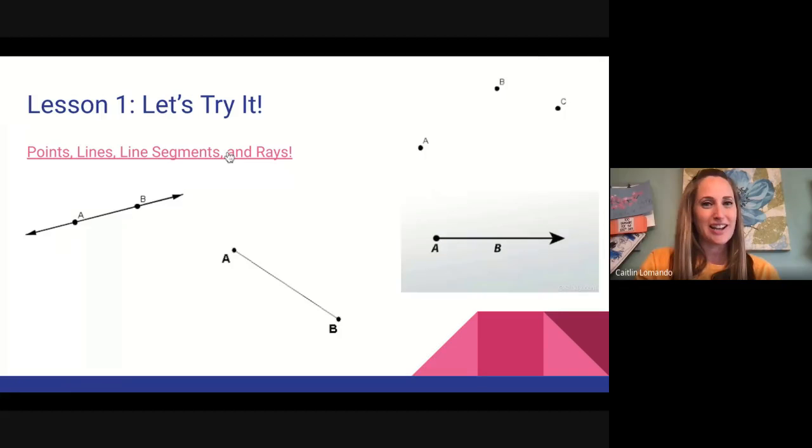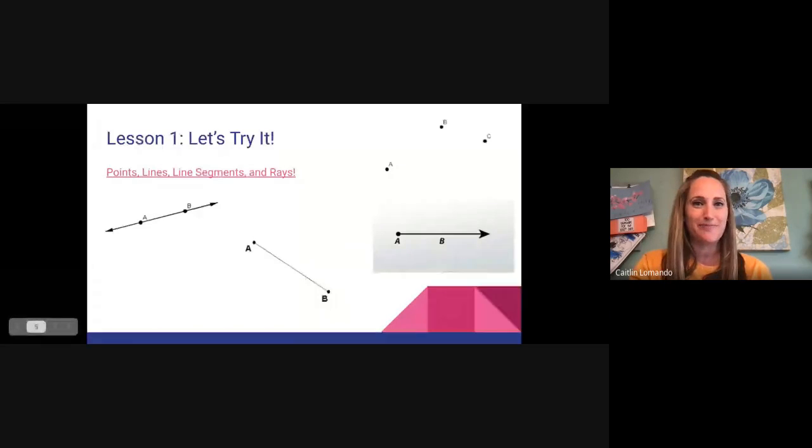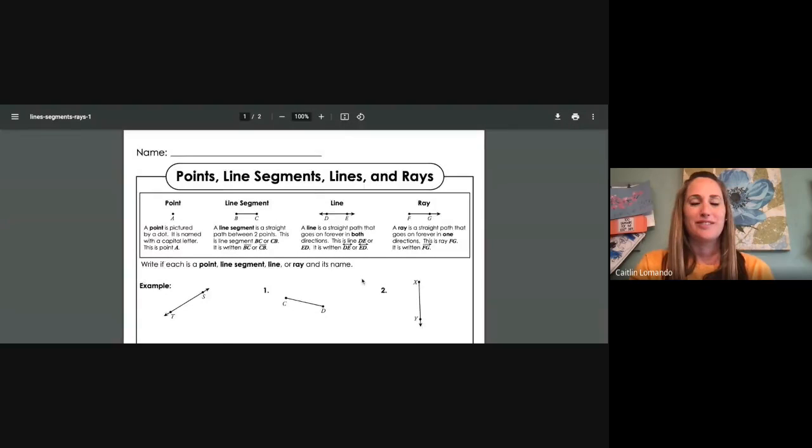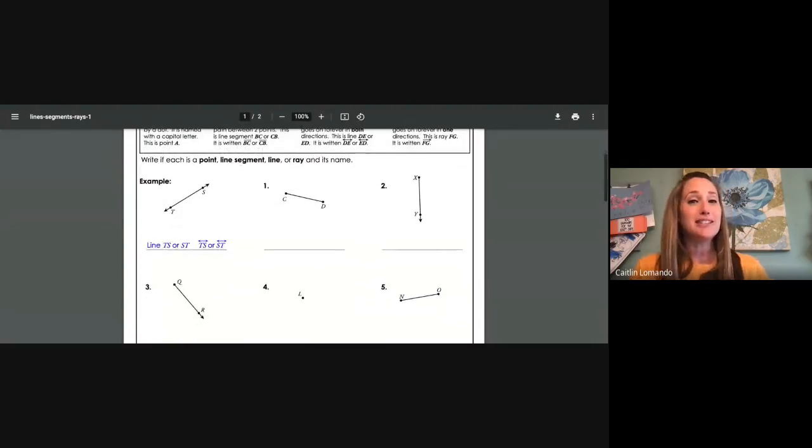Let's check out some points, lines, line segments, and rays. So let's try and name them. Just point, line segment, line, or ray. So let's look at example 1. Point, line segment, line, or ray.